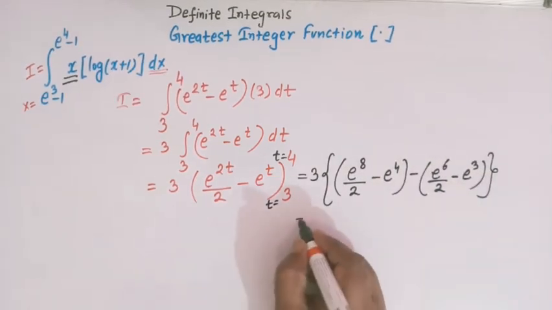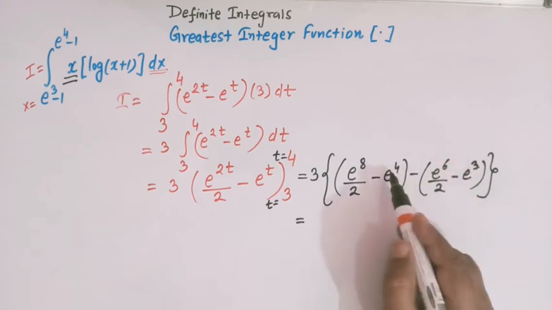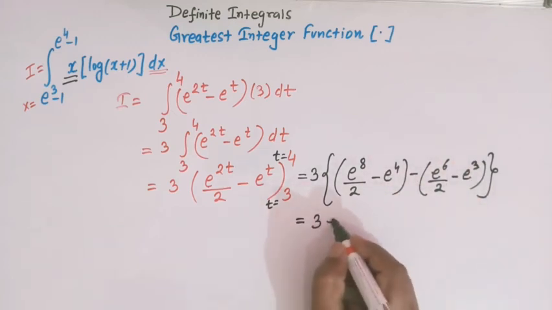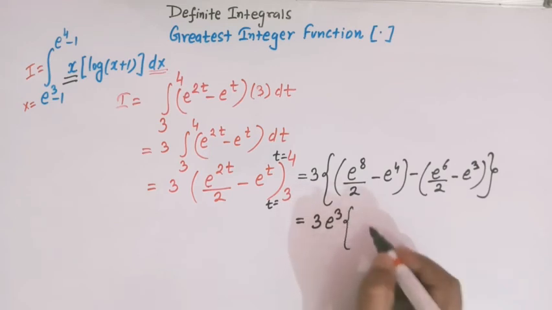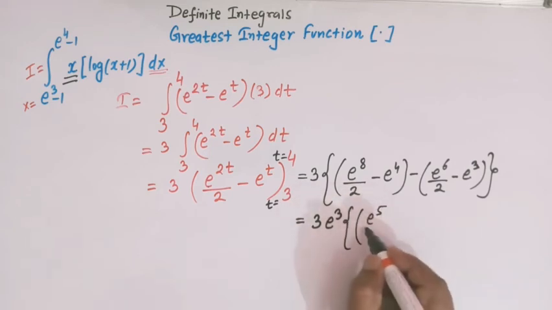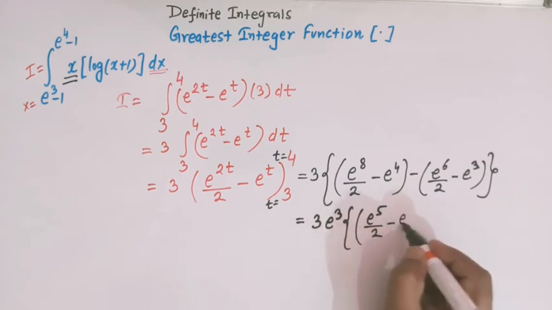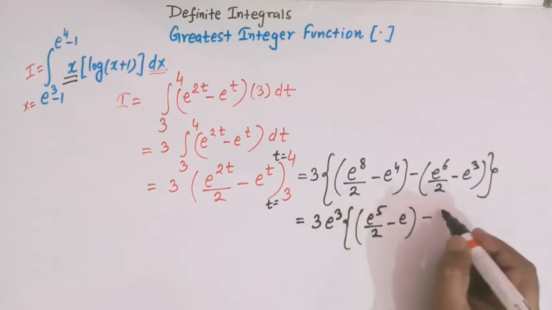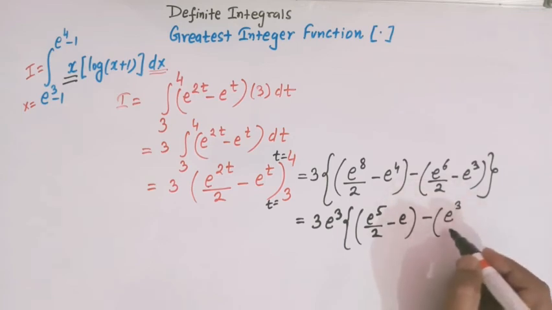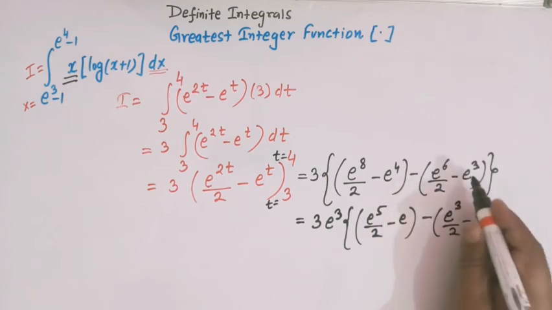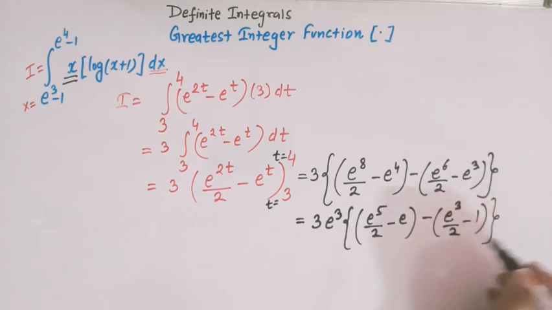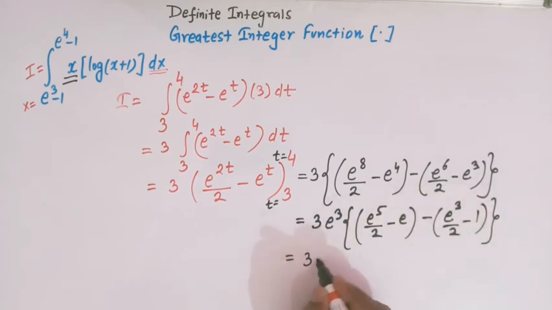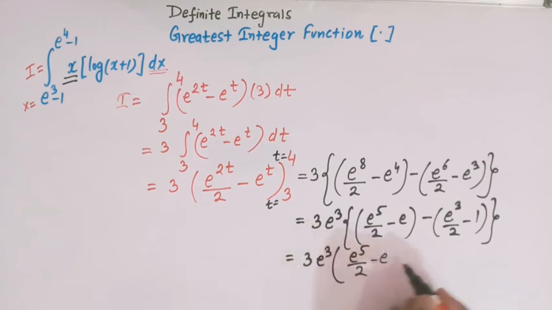Okay, so now we can take e raised to 3 common. So we have 3 times e raised to 3, and we have e raised to 5 over 2, and here we have minus e, and here we have e raised to 3 over 2, and here we have 1, right? And now we can simplify it. This is 3 times e raised to 3, and this is e raised to 5 over 2 minus e cube over 2 plus 1, right?